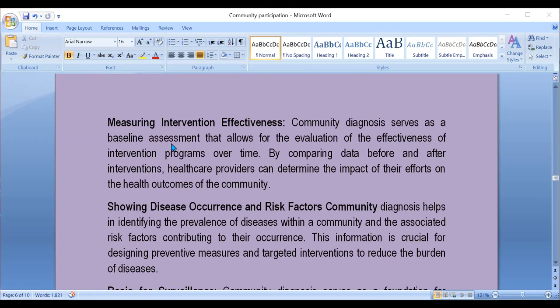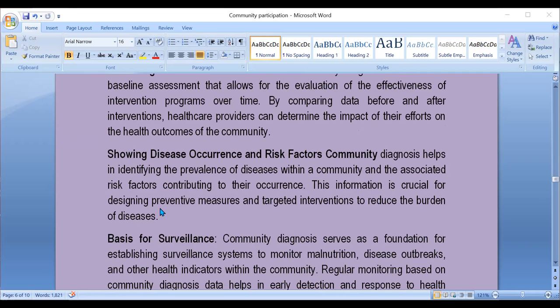It also helps in measuring intervention effectiveness because you already have the data at hand. It will help you to measure if the intervention you are putting in to solve that problem is actually working. Then it shows disease occurrence and risk factors in the community, because you have collected the data already.